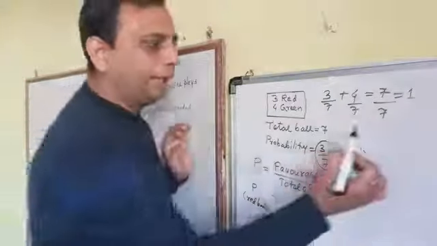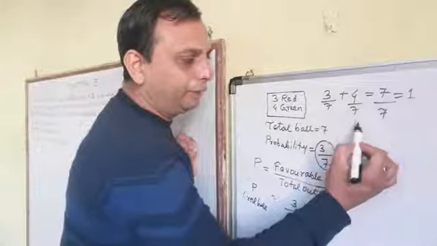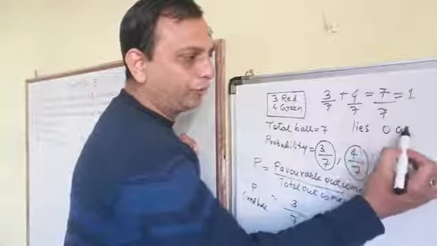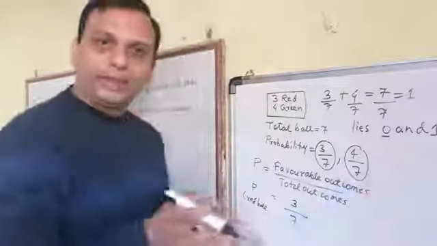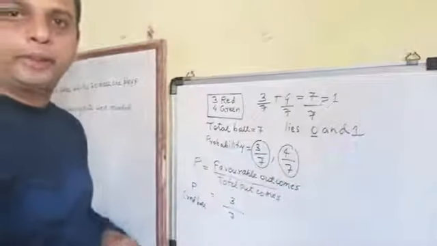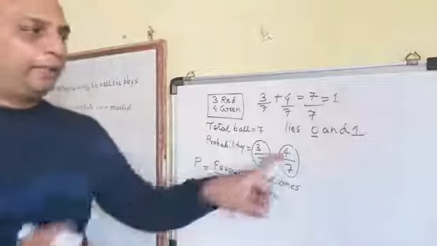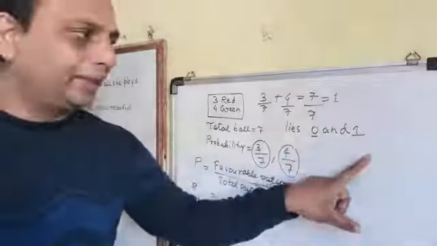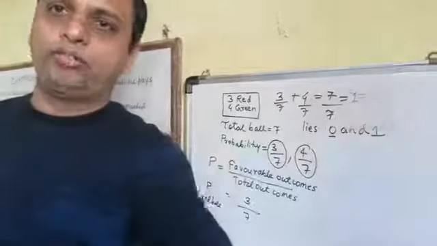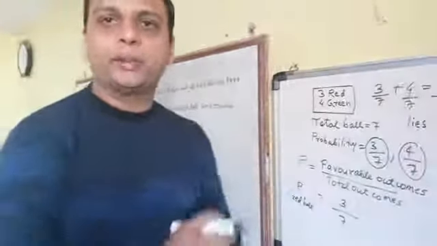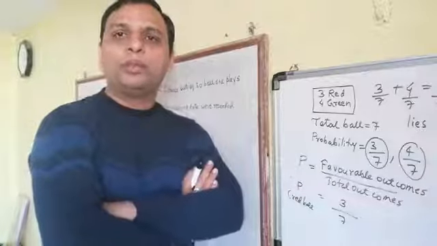So we can say that the probability lies between 0 and 1. It will be more than 0 but less than or equal to 1, but never more than 1.